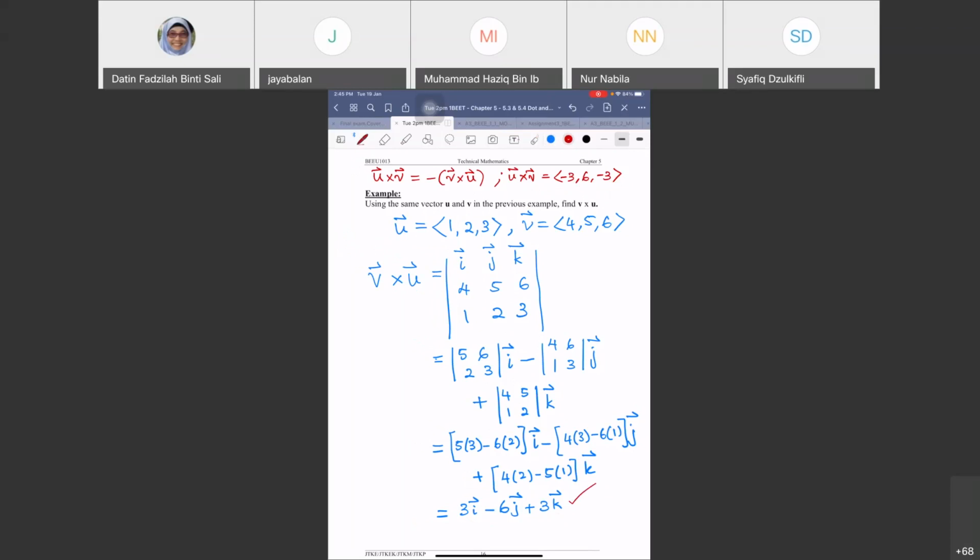I just want to show you that the final answer is the same as minus, if you take out the 3, you get minus 3, 6, minus 3. So this is the same as minus your U cross V. You can go the other way around. This is just to show you the theorem.